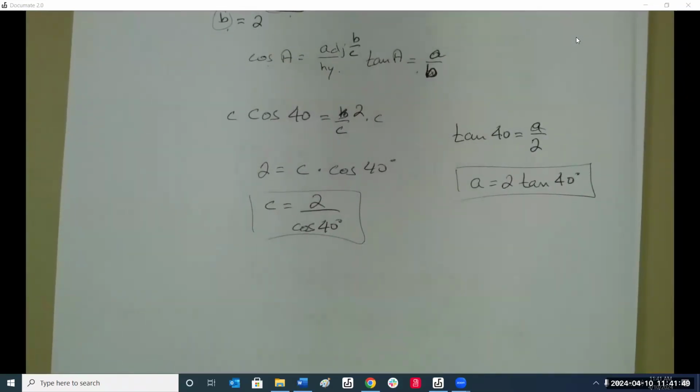Plug those in the calculators, and there we have the sides. This is how you would use the trigonometric identities of the functions, the equations, to figure out other sides of a triangle. Yes, you have to be in degrees.